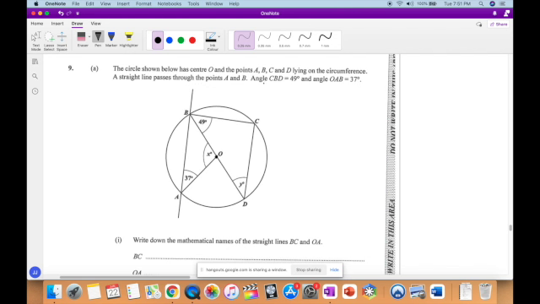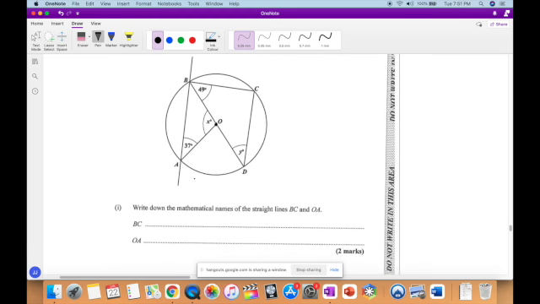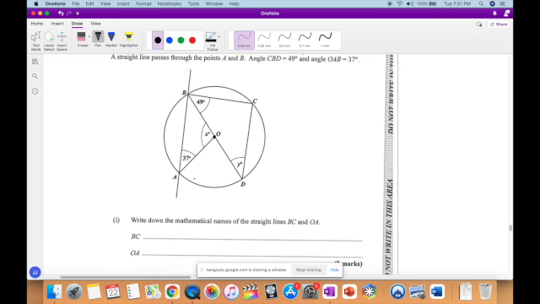Angle CBD is 49 degrees. I see that. Angle OAB is 37. Write down the mathematical names of the straight lines BC and OA. So BC here and OA here.